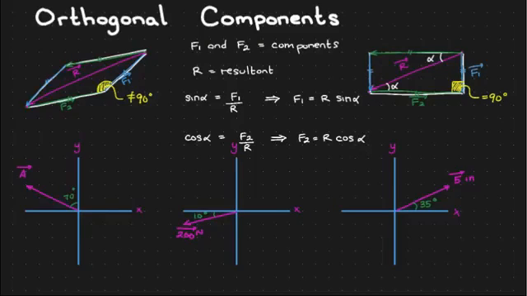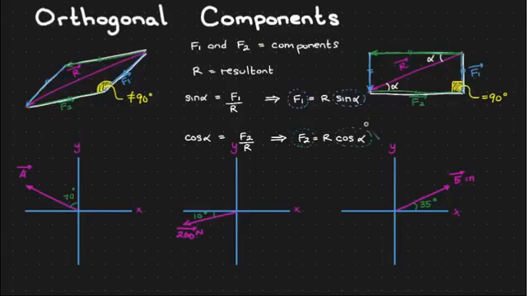Well, you might think just because F1 is the component that is in the vertical direction, that is why I will always associate that with sine. And just because F2 is the component that is in the horizontal direction, that I will always associate that with cosine of alpha.